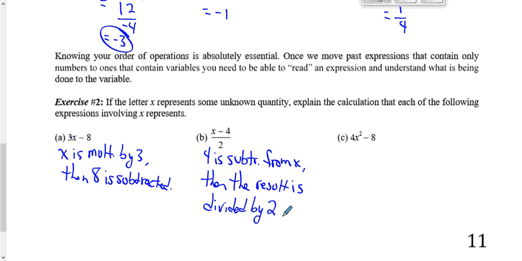But it is getting squared for exponents, right? Exponents come before multiplication, don't they? Right? So the first thing we do to the X is what? Square it. That's called squaring, right? And then what do we do to it? Then you multiply, right? Exponents first, right? Okay. So first X is squared.